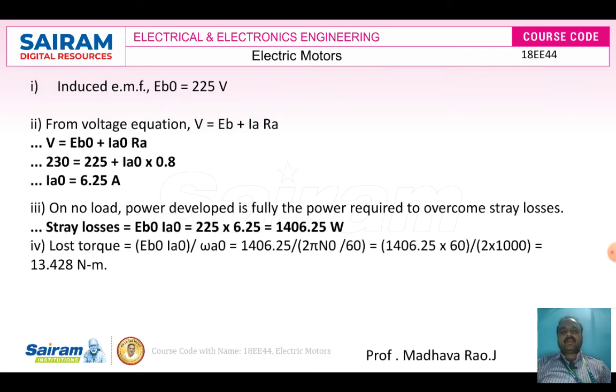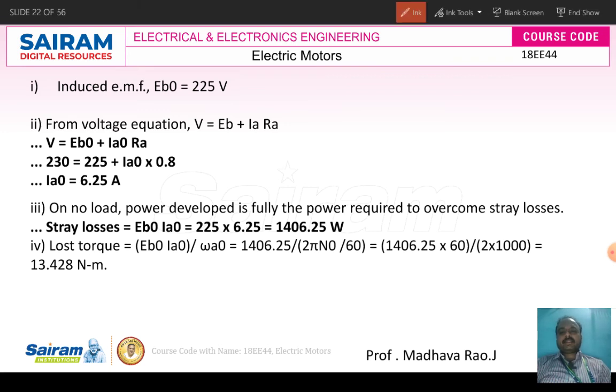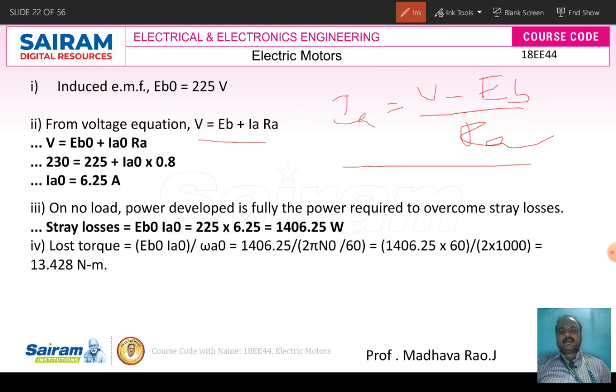We know the relation: terminal voltage equals back EMF plus armature resistance drop. So V is equal to Eb plus Ia Ra. From that, Ia is equal to V minus Eb by Ra. Use this formula. This is Ia naught, no load, right? Ia is equal to 6.25 amperes.